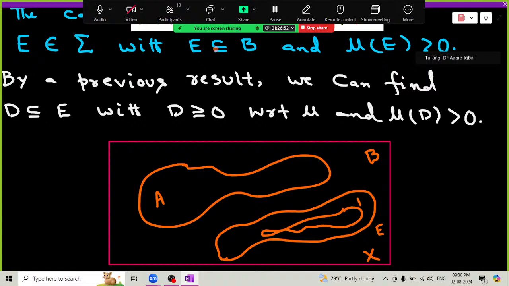This territory suppose is d. तो ये पिक्चर आप इस्तेमाल करेंगे. Now what is this d? I know that d is a positive set.